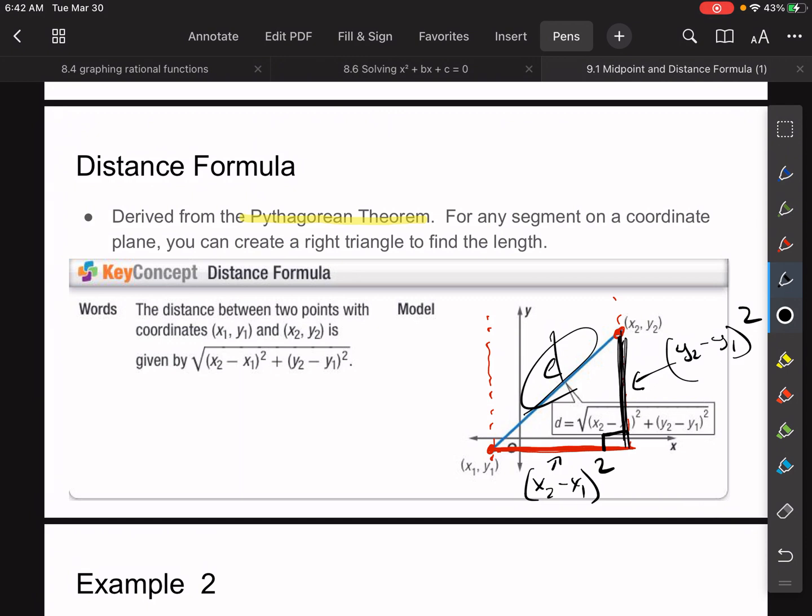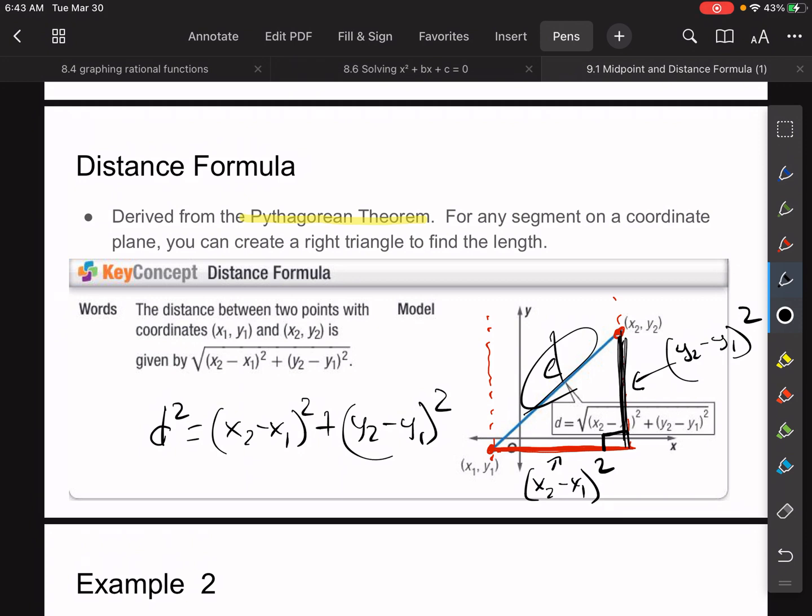So what you'll end up with is the distance squared is equal to, it doesn't matter which order you do this in, I'll do it the same order that they taught it in. So it'll be x2 minus x1 squared plus y2 minus y1 squared.